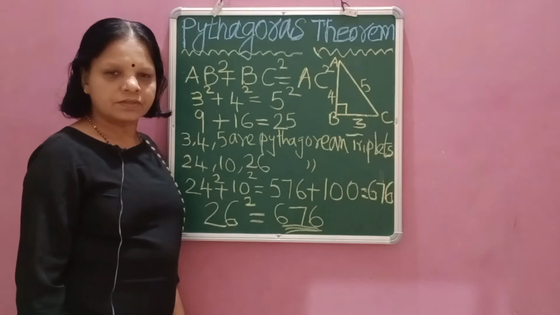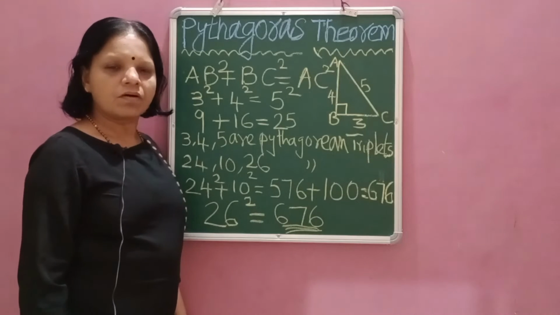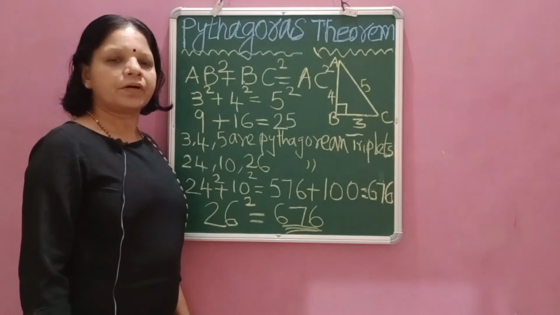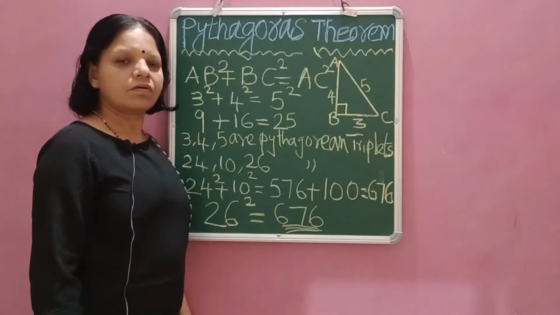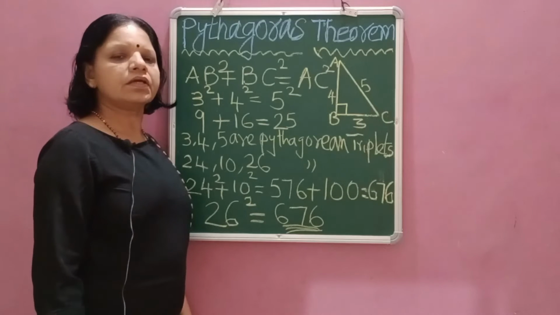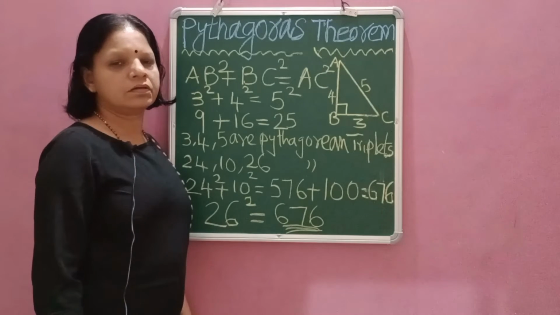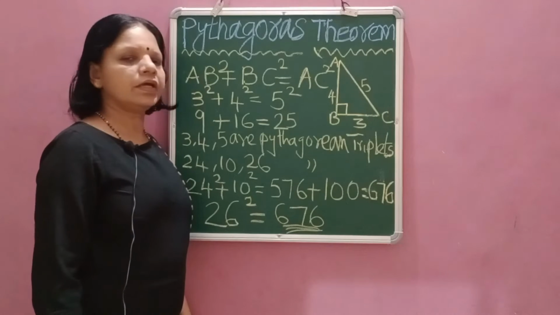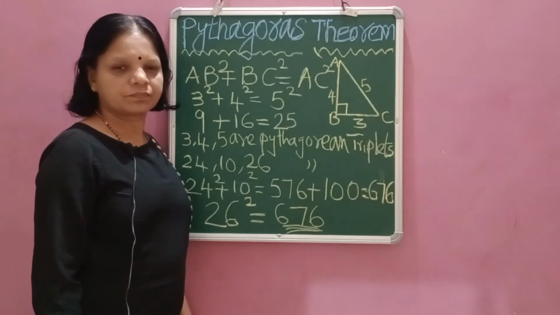So, what is this theorem? Sum of the squares of the perpendicular sides of any right angle triangle is equal to the square of the hypotenuse.